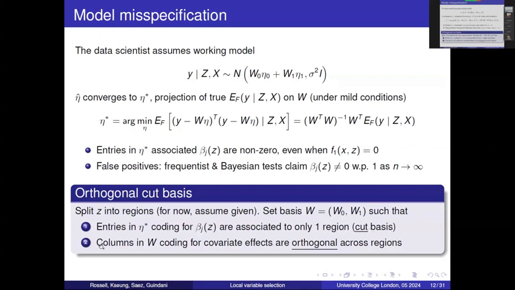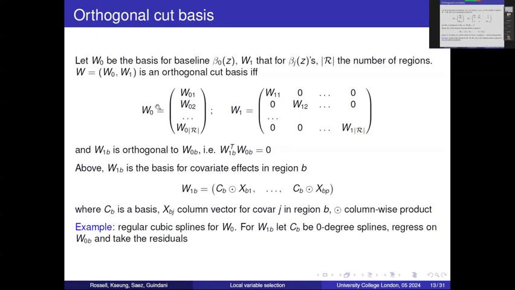The second is that there are certain orthogonality conditions in these W. That's why it's orthogonal and cut. Let me make this a bit clearer. I think this expression over here makes it clearer. W0 is the basis for the baseline, beta naught. W1 is the basis for the covariate effects.